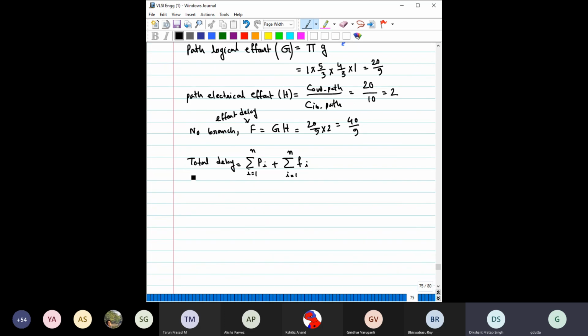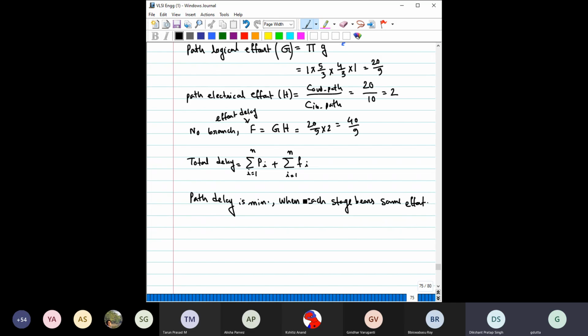Maybe for your reference, I will write that as well. Path delay is minimum when each stage bears the same effort.